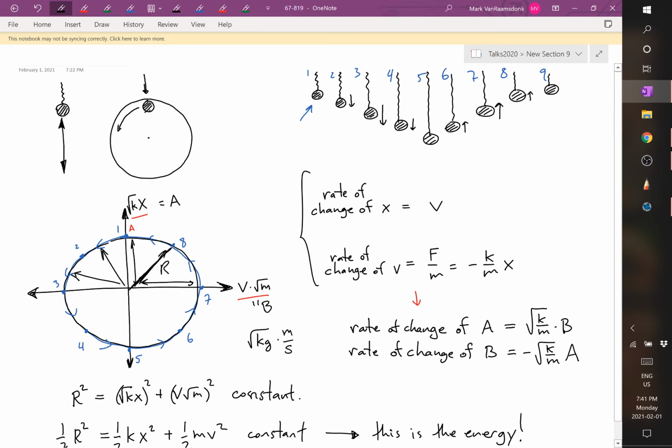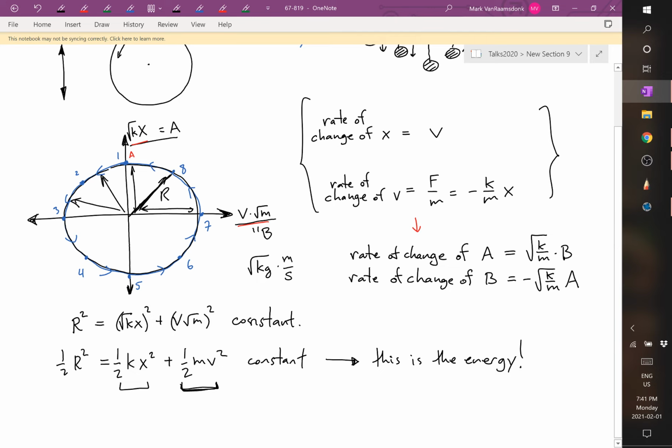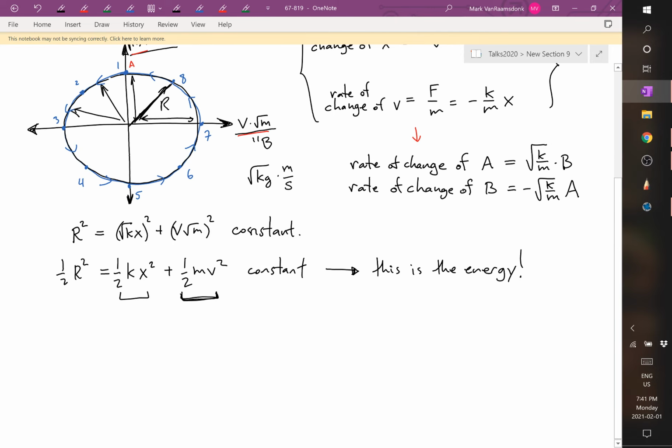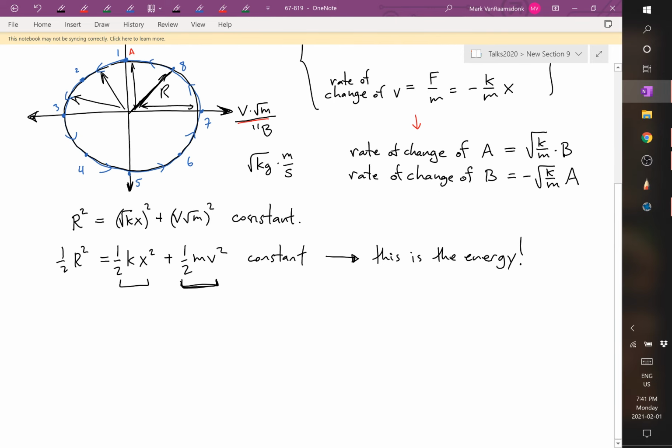So if you just plug in these definitions for A and for b, then you'll see that these two statements are just a rewriting of our statements from before. Okay, and so now we're basically ready to understand the picture above.